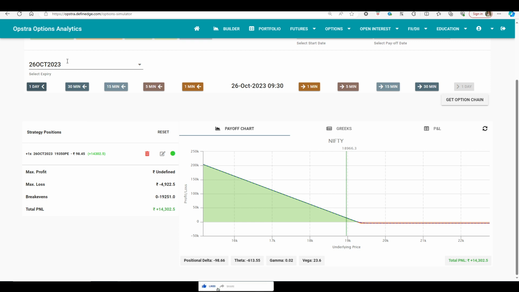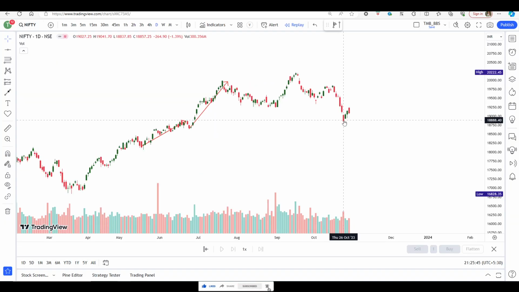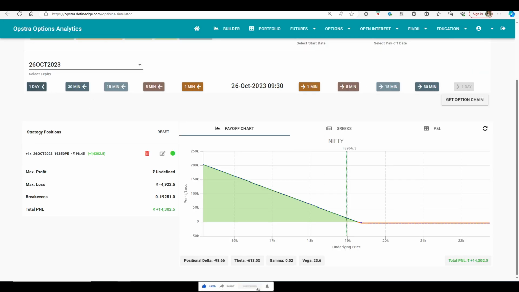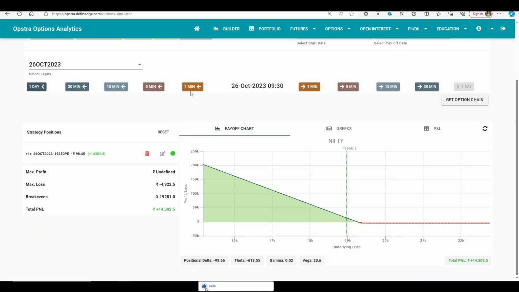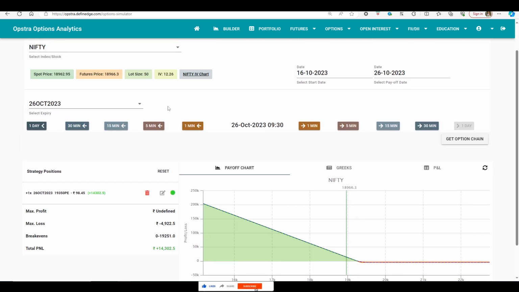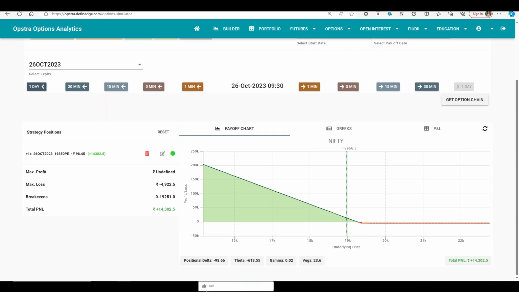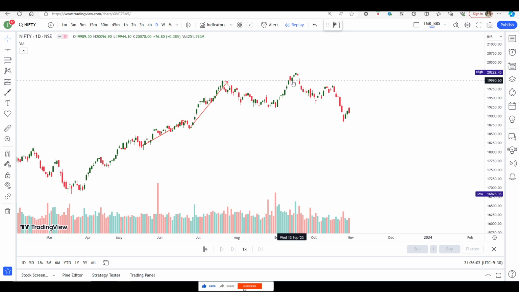This is the 26th October, so we need to go for the next expiry. The next expiry is not there. You can see here itself, the next expiry was not there to simulate.